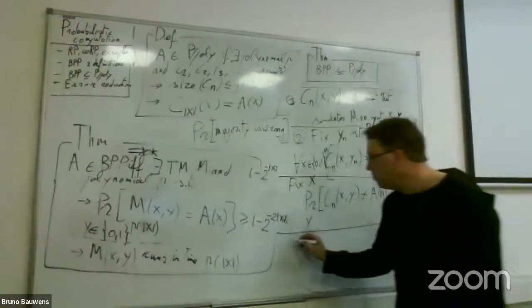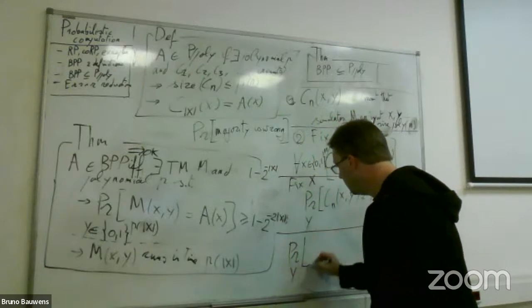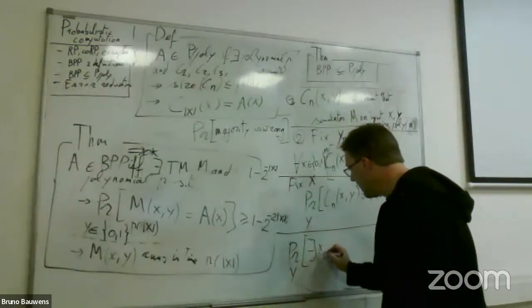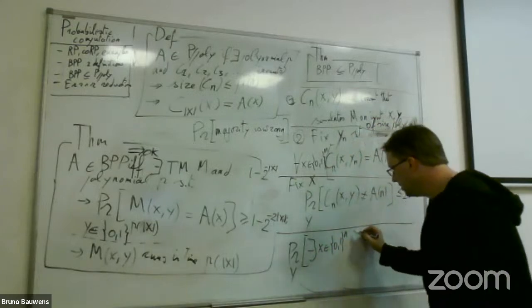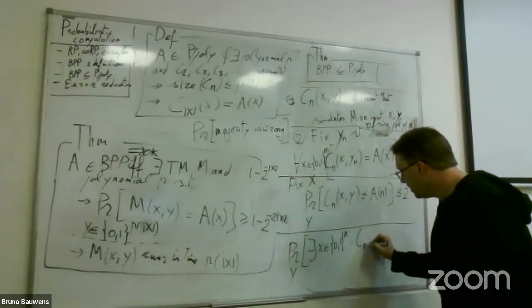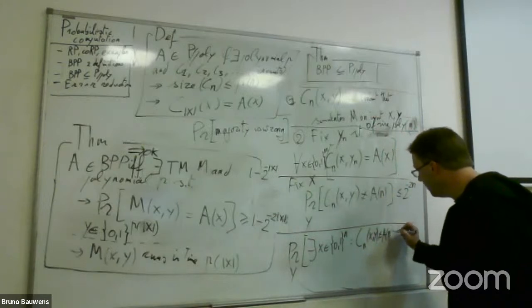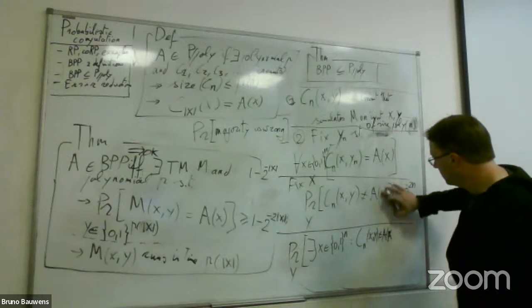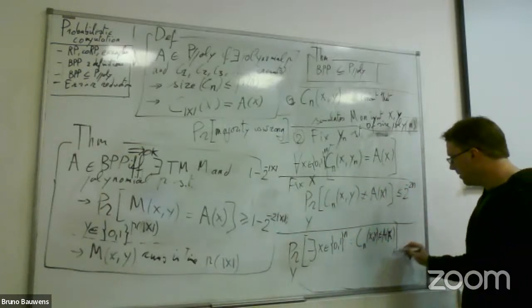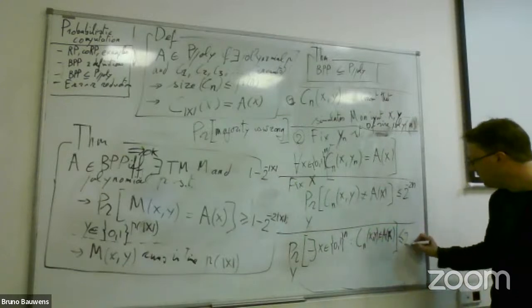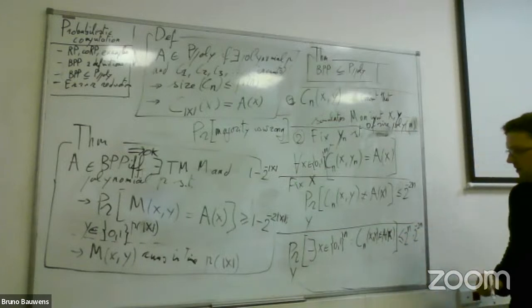Okay, and now the probability over y that there exists x of length n such that C_n(x, y) is not equal to A(x) is, by the union bound, at most 2 to the power n times 2 to the power minus 2n.